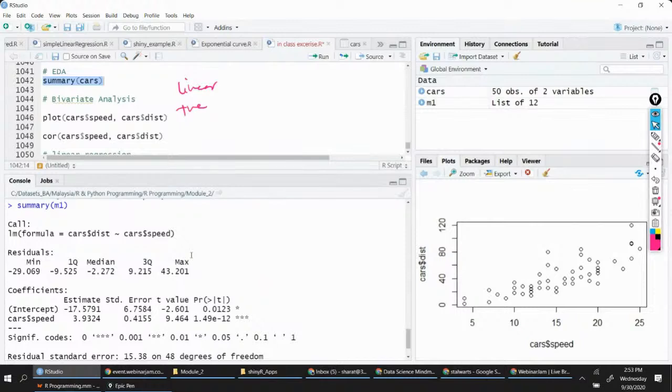So the OLS is trying to find out the best fit line, right? And when you say best fit line, the sum of the errors will be equal to 0. Sum of the errors is equal to 0, isn't it? That's what we discussed. If sum of your errors is 0, what will be the average of errors?